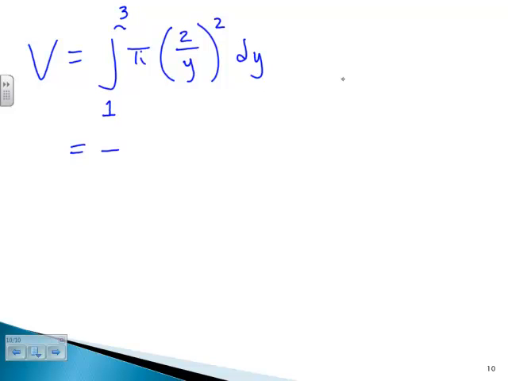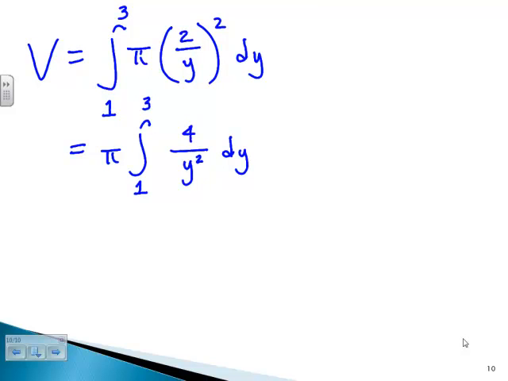Since pi is a constant, we will take it outside of the integral expression, which leaves us with the antiderivative from 1 to 3 of 4 over y squared with respect to y. At this point, we can go directly to the graphing utility to compute the antiderivative of 4 divided by y squared from 1 to 3. Remember, when you get this answer, to multiply it by pi to get the final volume.